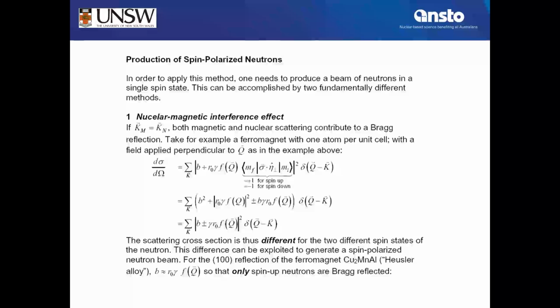Here again, I wrote down the full scattering cross-section, including the nuclear scattering cross-section, B for the nuclear scattering, and here the magnetic term, including the spin components of the neutron and the crystal spins.